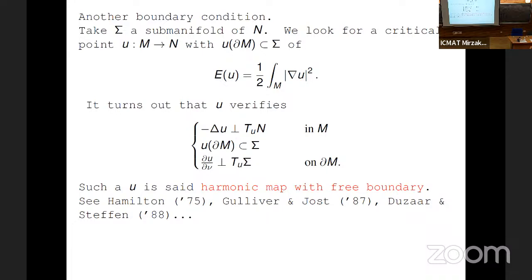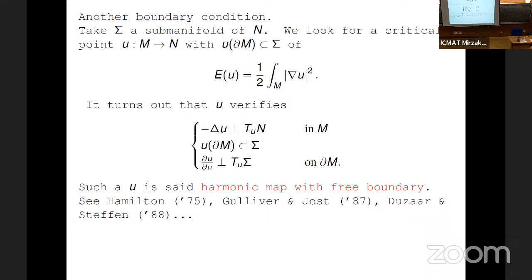Not to be confused, I mean, here the word free boundary is not to be confused with the free boundary which occurs in Stefan problems and the usual free boundary problems, and simply refers to the fact that the boundary of M is free to take any values in the submanifold Sigma.